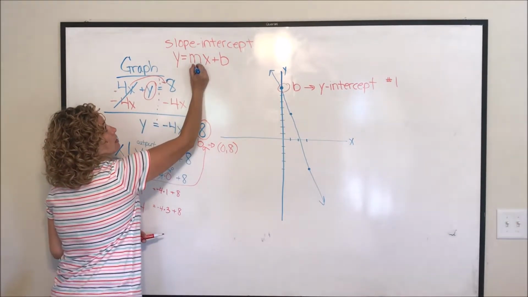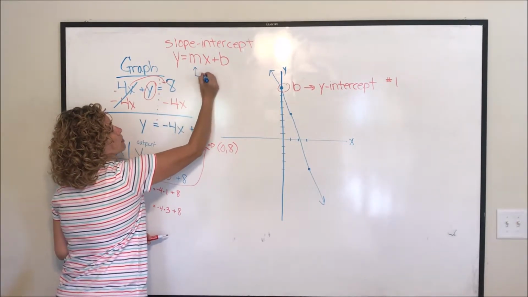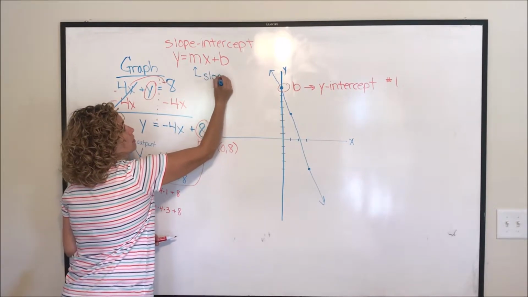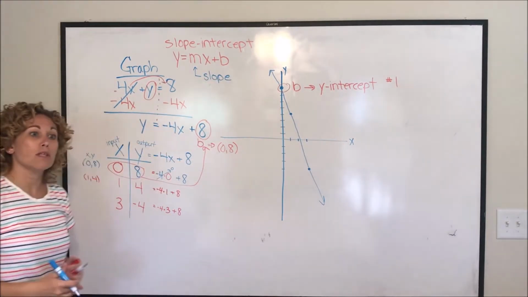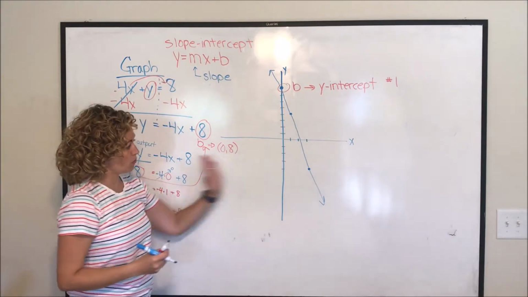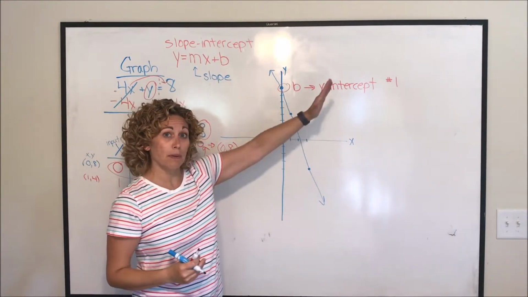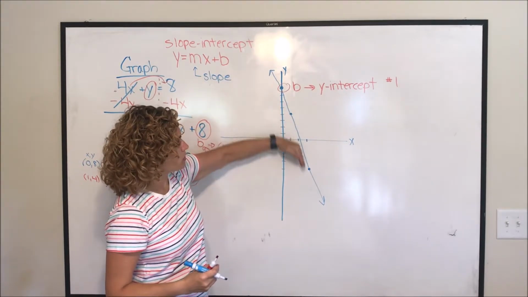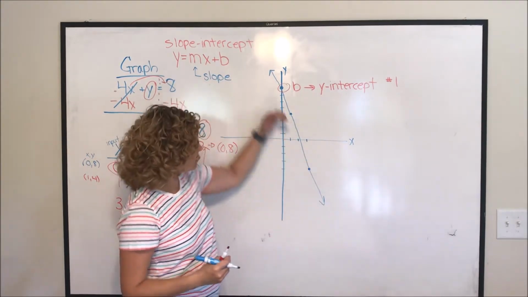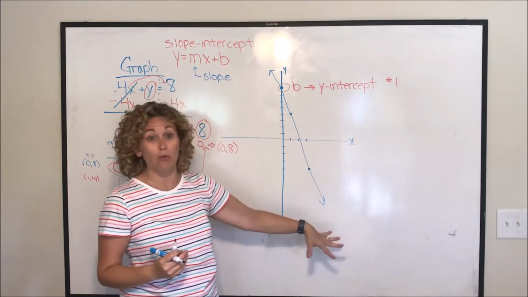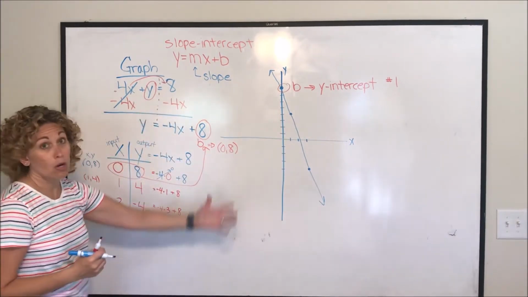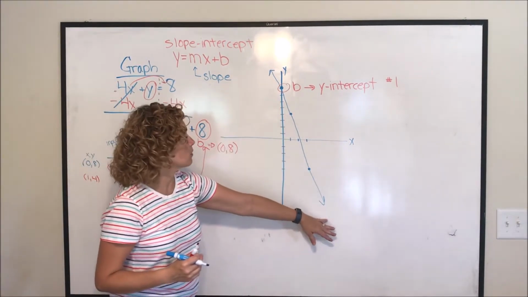M talks about your slope. Slope is whether, when we read left to right, are we going downhill or are we going uphill? In this picture, you can see we are going down a hill, and it's actually pretty steep. You might roll down this hill if you were, or a ball would definitely roll down this hill, okay?